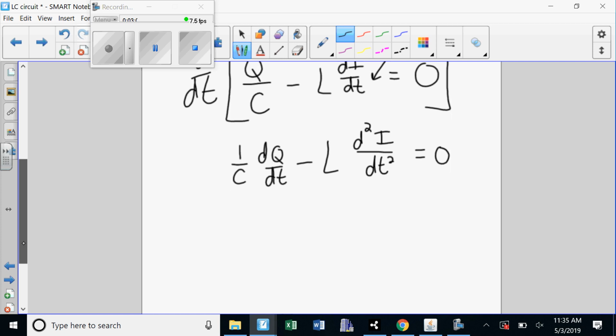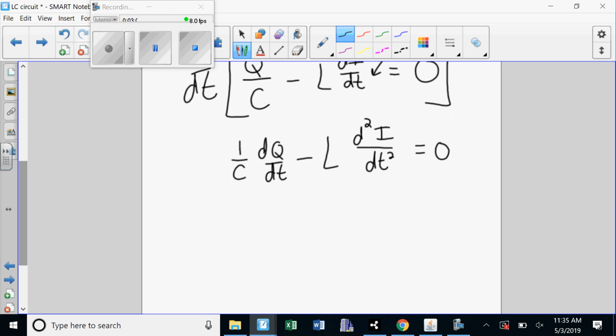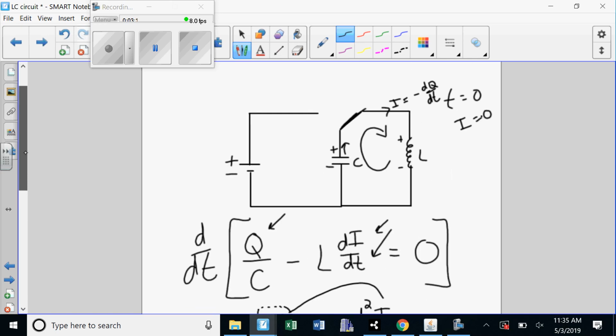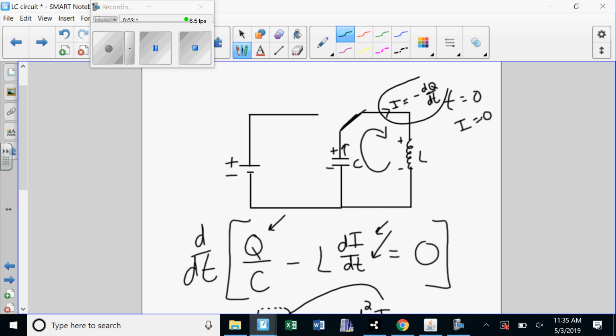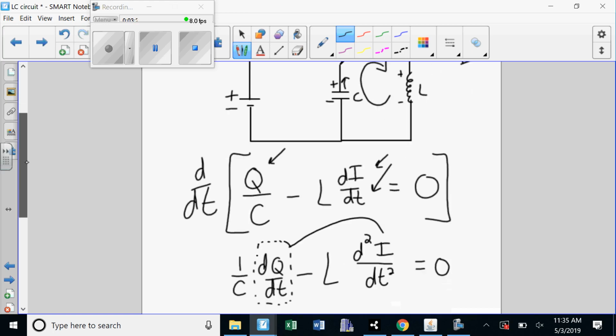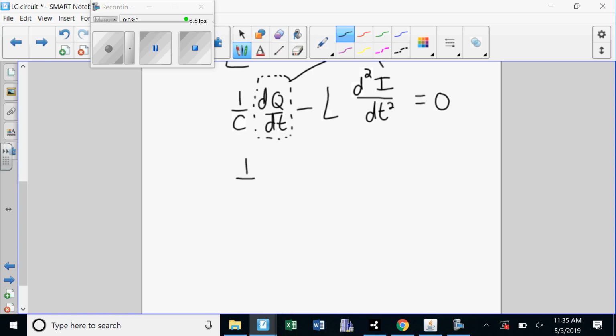Just like last time with the battery, I needed to find a way to turn this into a variable that will match the small factor. But remember, what we set up here is that the current is due to charges leaving the capacitor. So that means that dq dt is minus the current I. So I have minus 1 over C times I minus L times the second derivative of current with respect to time is equal to 0.